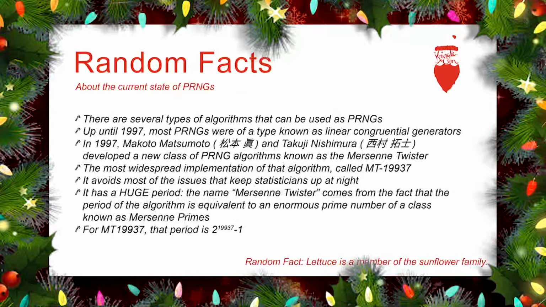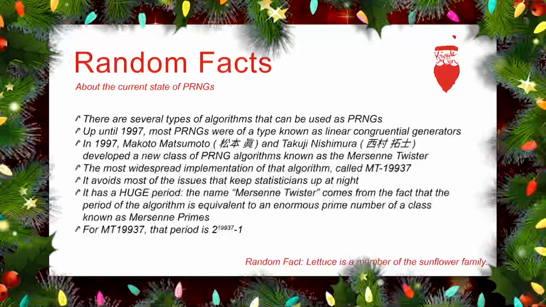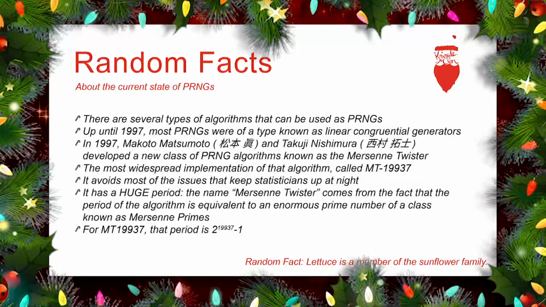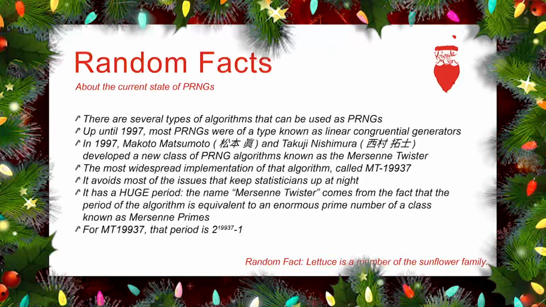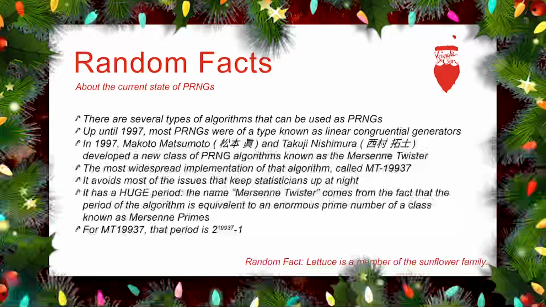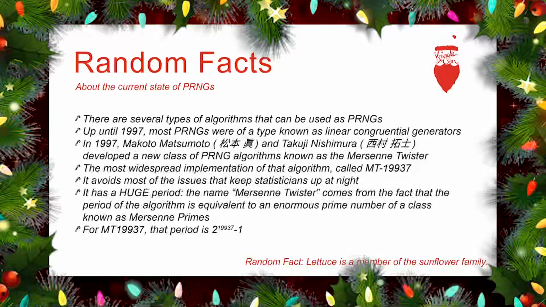So let's talk about the current state of pseudo-random number generators. First of all, there are a ton of different algorithms that can be used as a pseudo-random number generator. Up until 1997, most of the pseudo-random number generators in programming languages were of a type known as a linear congruential generator.